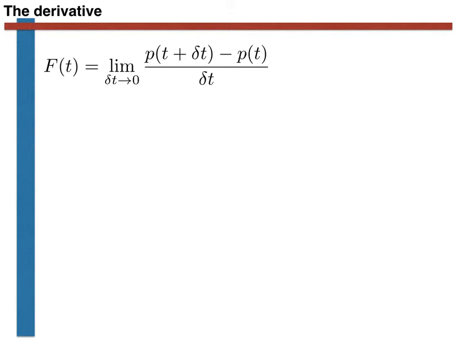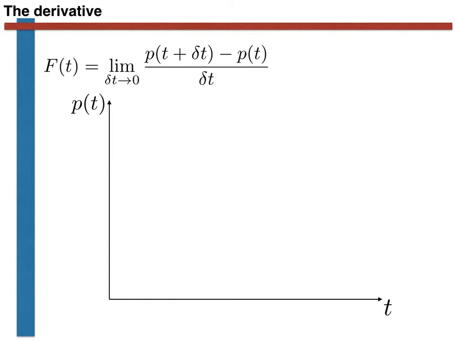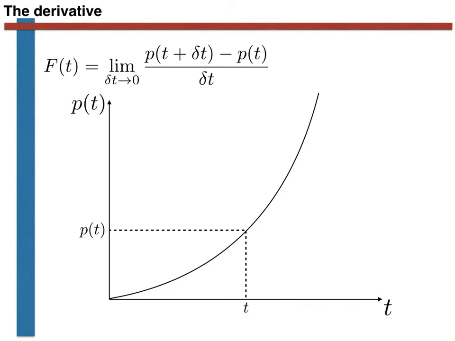If we were to draw a curve that represents the p of t function, with t on the x-axis and p of t on the y-axis, as shown here, the quotient on the right-hand side of this equation would give us the gradient of the chord, shown in red in this figure.